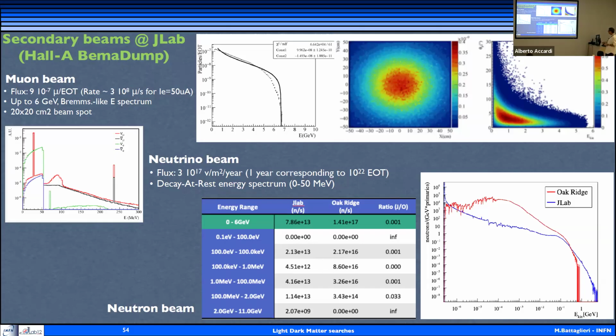Similar also for neutron beams, which obviously cannot compete with Oak Ridge. That spallation source was made to produce a huge flux of neutrons, but the energy at Oak Ridge is limited to 800 MeV because this is the energy of the initial proton beam, while at JLab we can produce neutrons at the GeV scale.